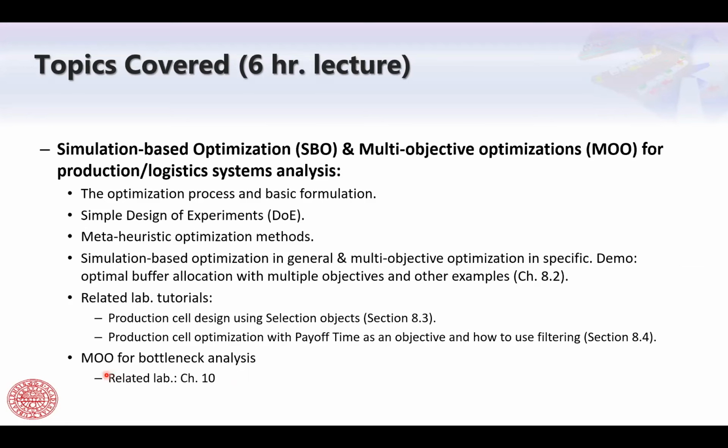But exactly how we relate multi-objective optimization with bottleneck analysis, that is something we're going to cover in the last 2 hours. And then you have a lab connecting to that, but that lab is actually not very demanding. There is quite a lot of information there, but not too much that you need to do. You don't need to build a very complex model.